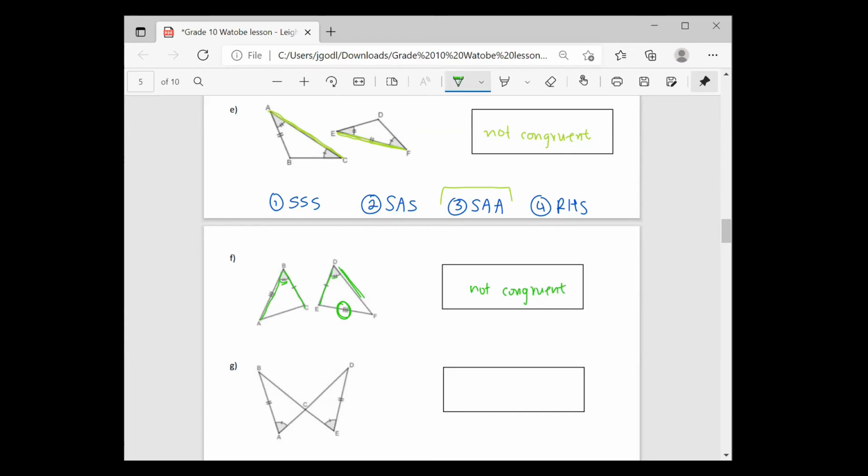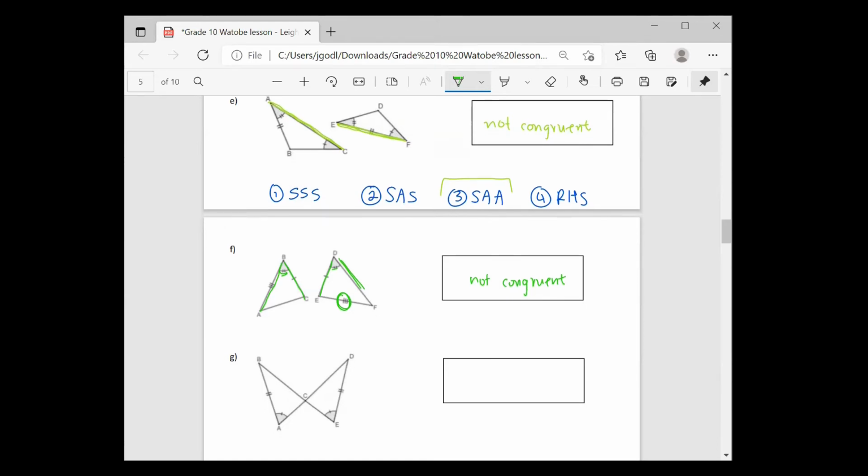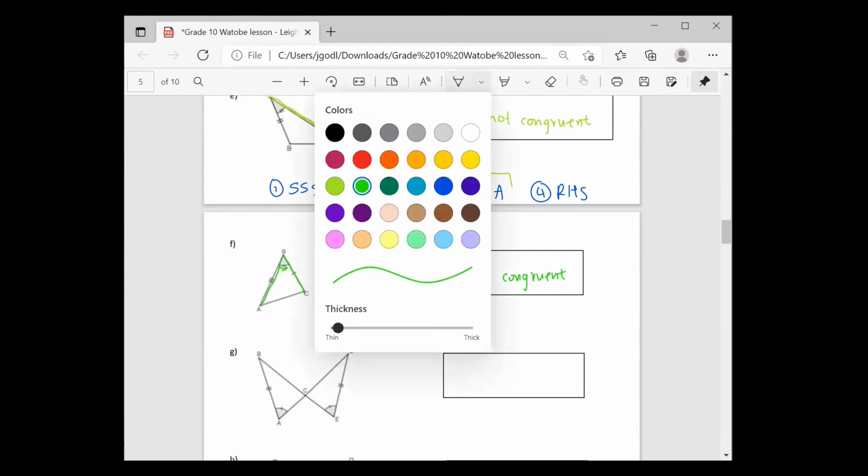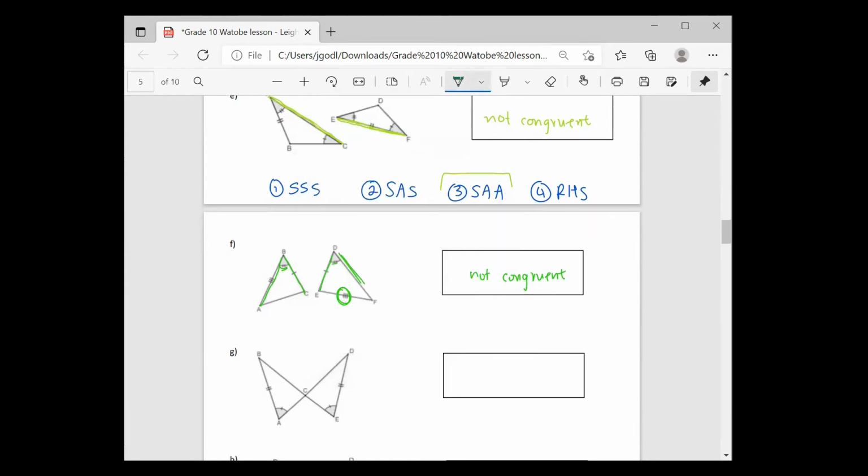And sometimes things aren't congruent, and so it's important for us to know when they are congruent and when they're not. The most important thing is something called corresponding sides. They have to be where the other one is. Now in G, it looks complicated, but it's actually not so bad. We can see that they have the same side as each other, and then they've got the same angle. We spoke at the beginning of this lesson about vertically opposite angles.